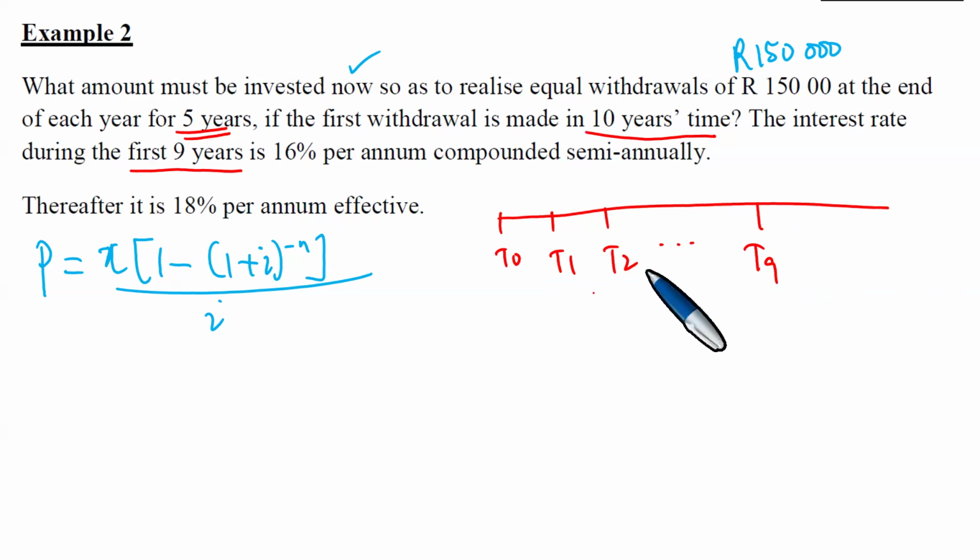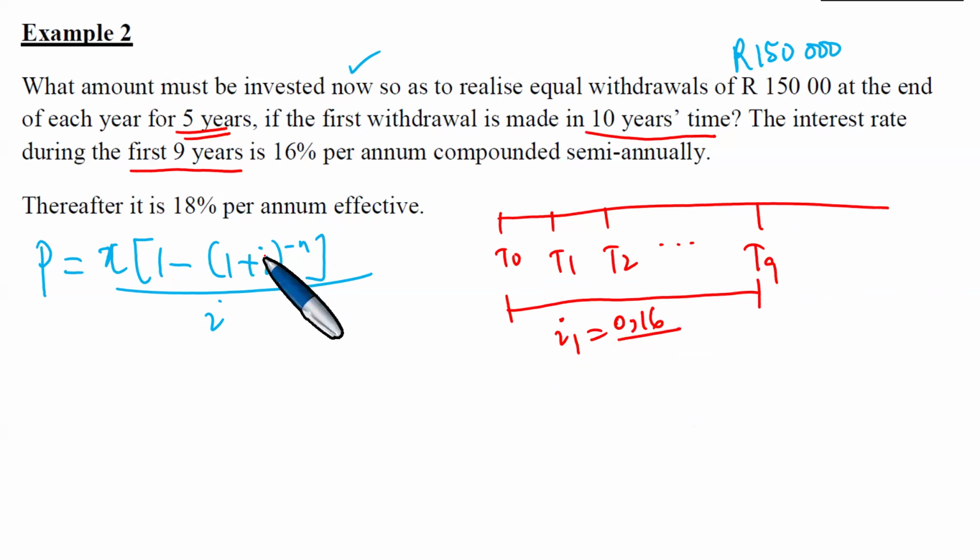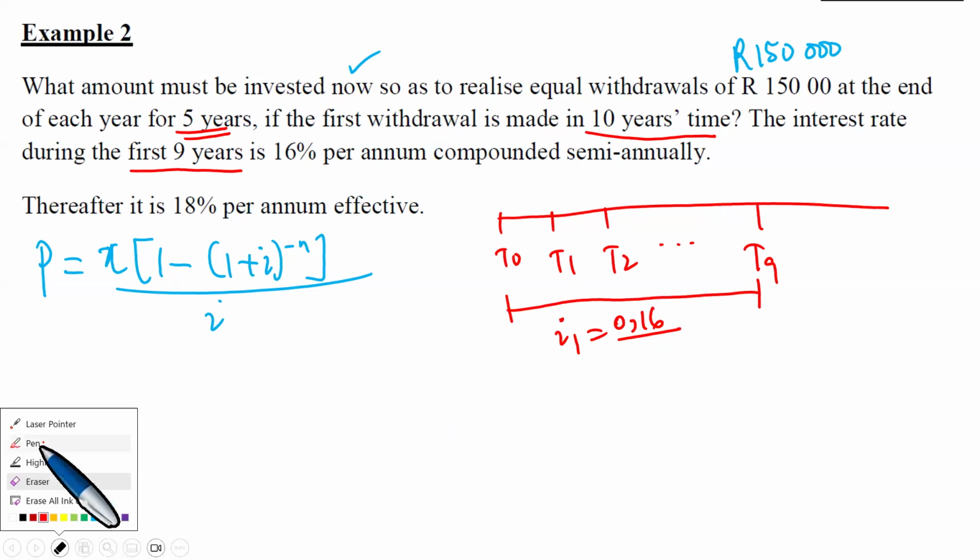Then you're going to put some ellipses this way, so you allow these to go on for 9 years. I1 is 0.16 divided by 2 because it's semi-annually, so 2 times per year.